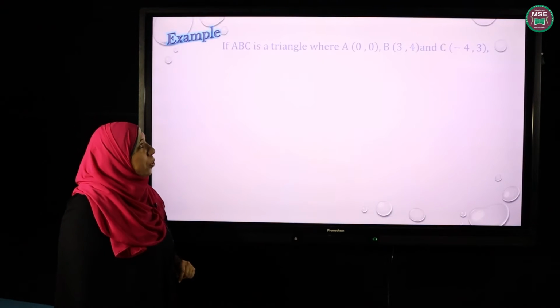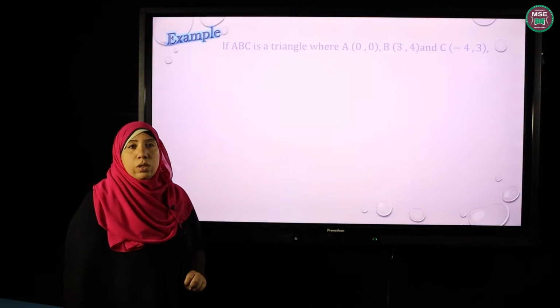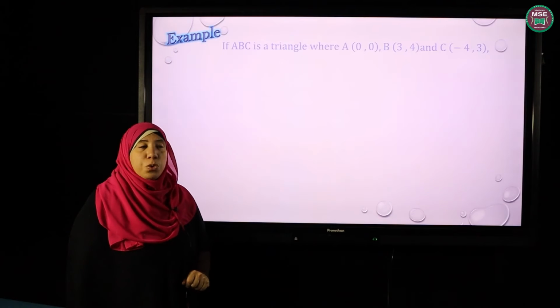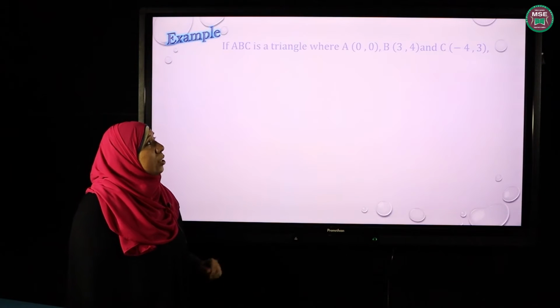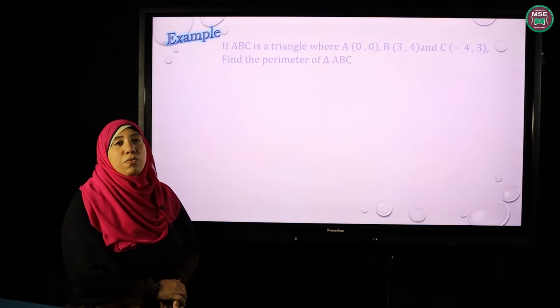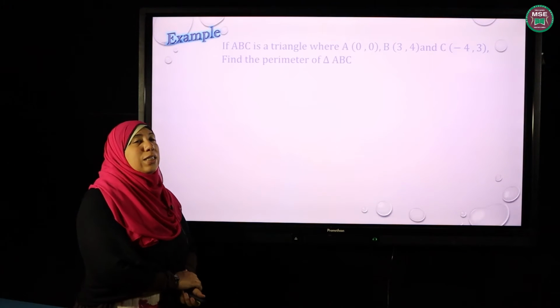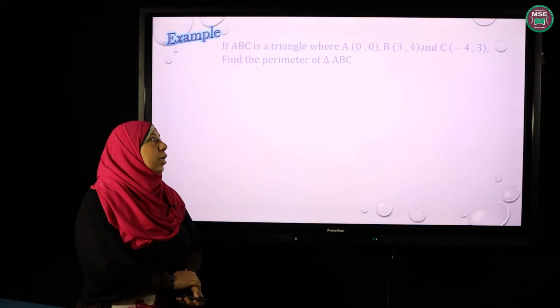I have another example here. ABC is a triangle where A is 0, 0, or A is the origin point, B is 3, 4, C is -4 and 3. Find the perimeter of the triangle. Remember, the perimeter of the triangle is the sum of the three sides of the triangle.